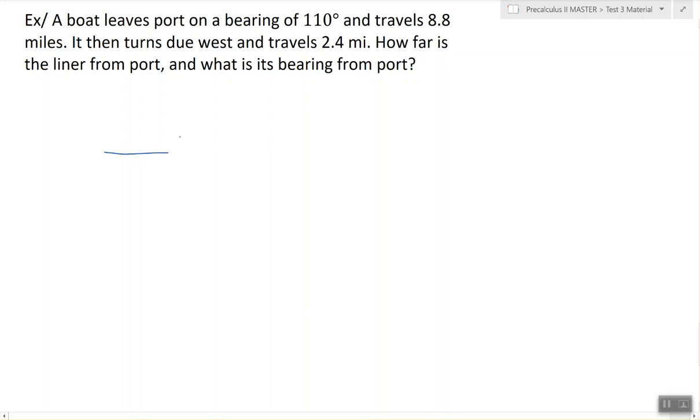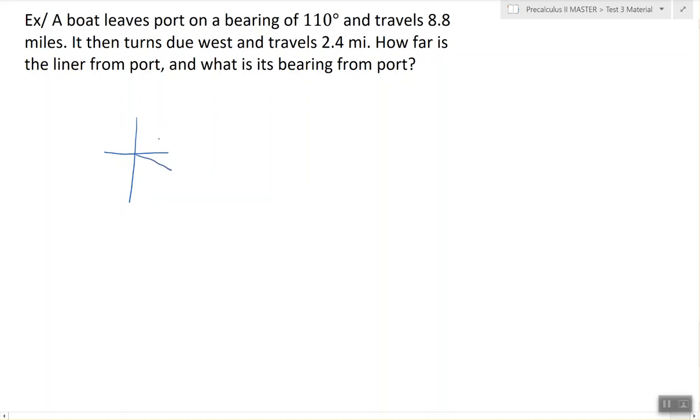We start out with 110 degrees, so they are going from the port. Remember that when they give just the one measurement, then they're talking about 0 to 360 degrees on the bearings. So we've got 90 and 110.